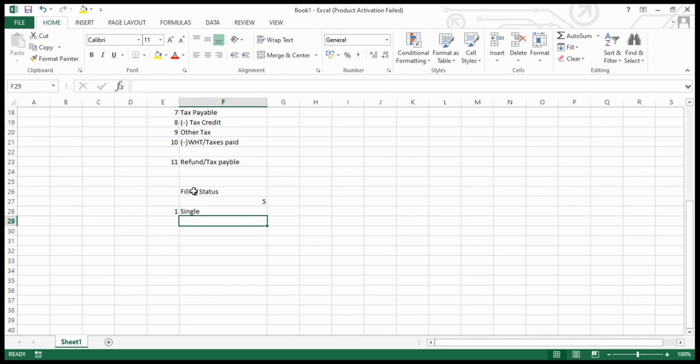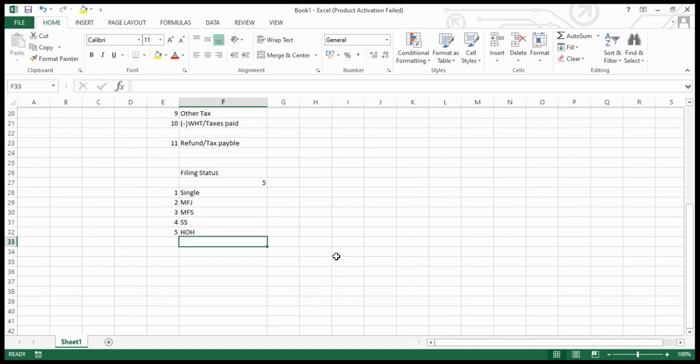It's not at all based on the aging criteria. So the first status is single, second is MFJ, third is MFS, fourth is surviving spouse, fifth is HOH. These are the five filing statuses we have in the US.